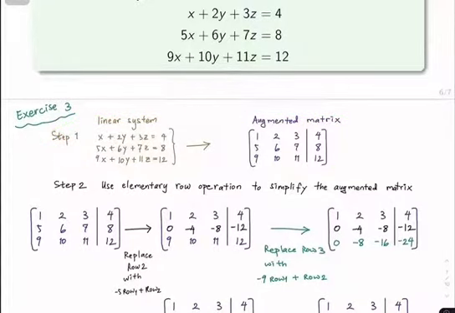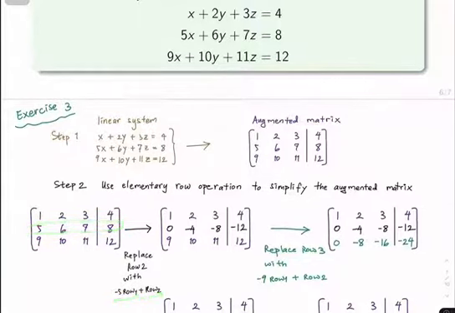And now I want to use elementary row operations to simplify the augmented matrix. And to simplify an augmented matrix, we want to have as many zero entries as possible. So right now, none of these have zero entries, but I know that I can turn this entry into zero if I replace this whole second row with -5 of the first row plus itself.